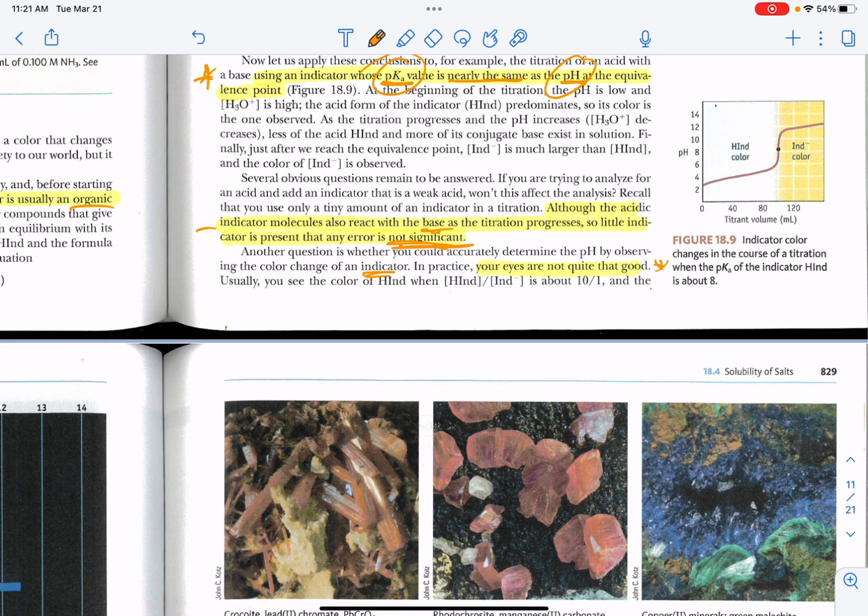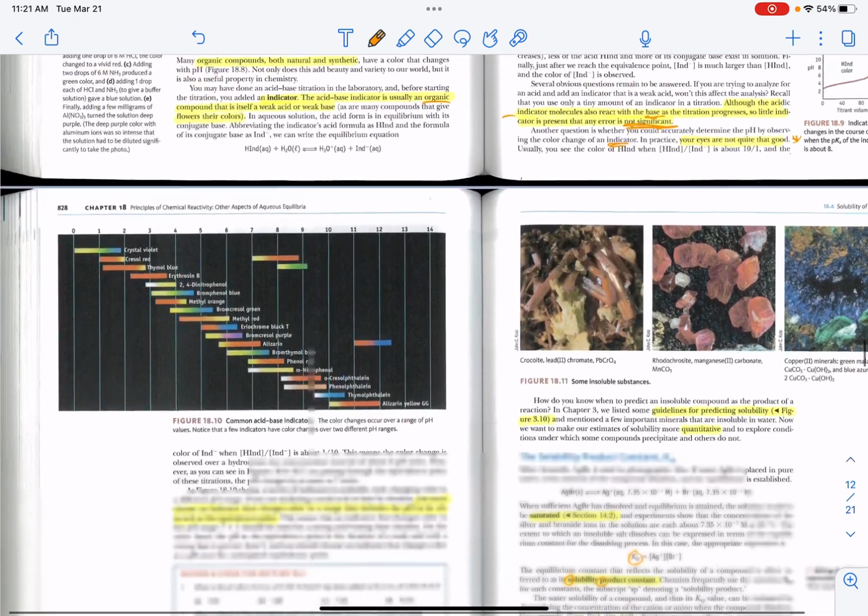Here's another comment. You can buy concentrated indicator solutions, and then you can dilute them so that they go longer, because most of the time you don't need highly concentrated indicators to get the job done.